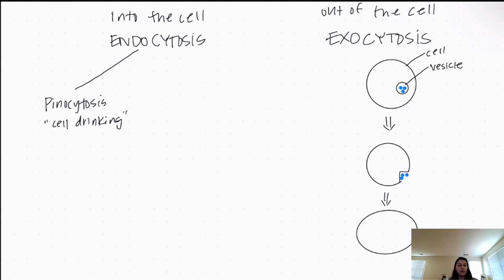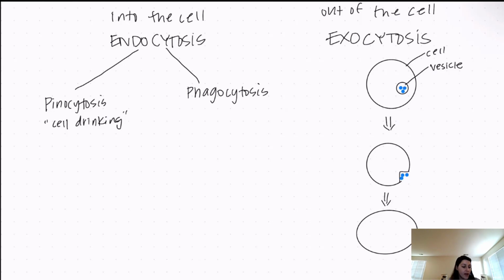The cell is going to sample that fluid outside of itself. So pinocytosis, that's cell drinking. It's pretty much the opposite of exocytosis. So just kind of reverse this. That's pinocytosis. The other type is called phagocytosis.